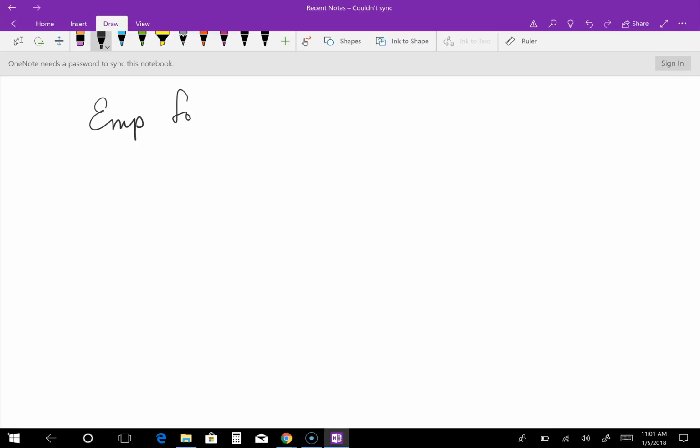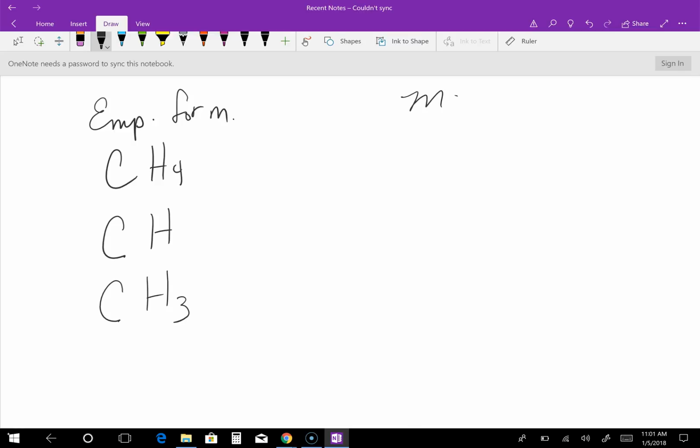Let's take a look at some examples of this factor in use. First, I will list some empirical formulas: CH4, CH, and CH3. You can notice they cannot be reduced any further down, making them empirical.